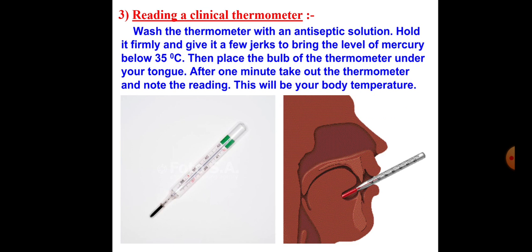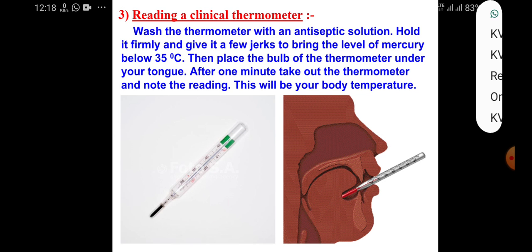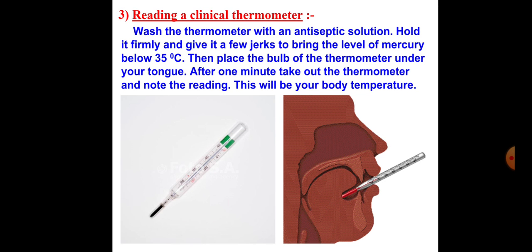Okay? Now, how can we measure the temperature with a clinical thermometer? As you are seeing in the diagram below, first we wash the thermometer, hold it firmly and give it a few jerks to bring the level of mercury below 35.